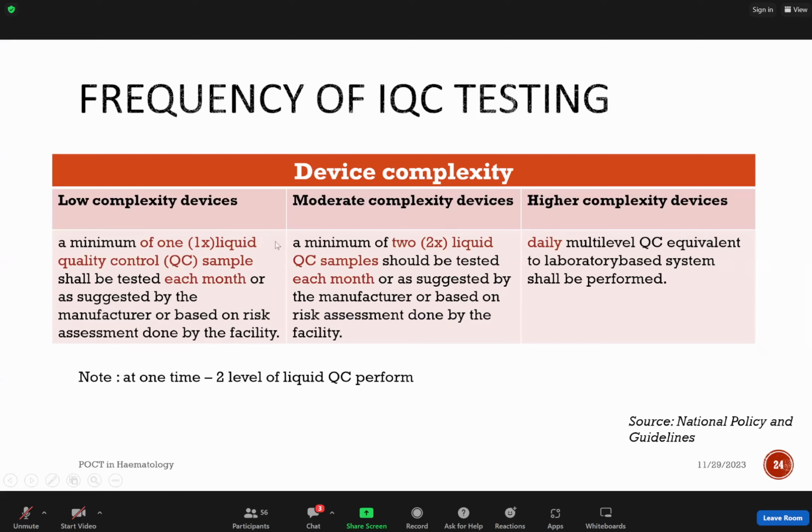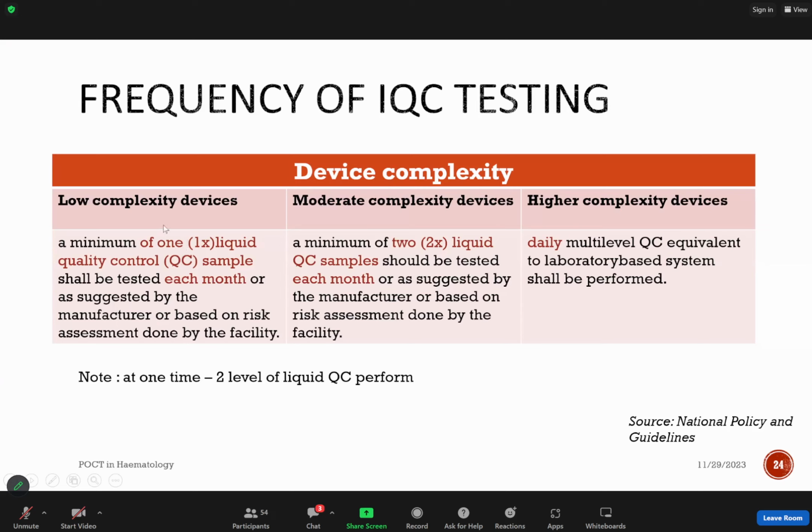done by the facility. Okay, for moderate complexity devices, a minimum of 2 liquid QC samples should be tested each month. Okay, twice, as suggested by the manufacturer or based on risk assessment. Okay, we mentioned low complexity, for example, PT-INR. Some of the devices are very confident with their electronic QC.